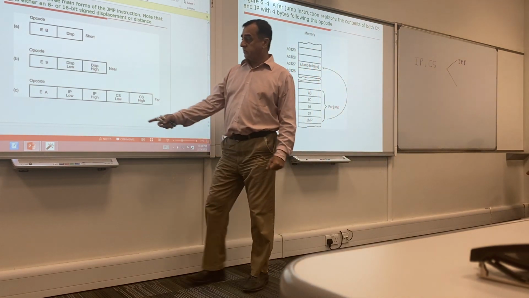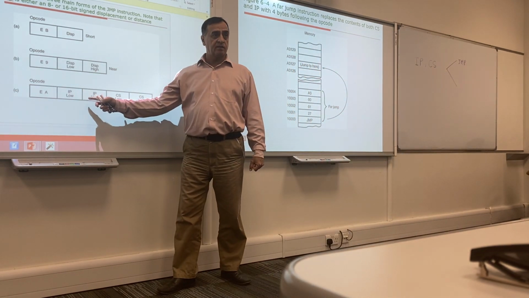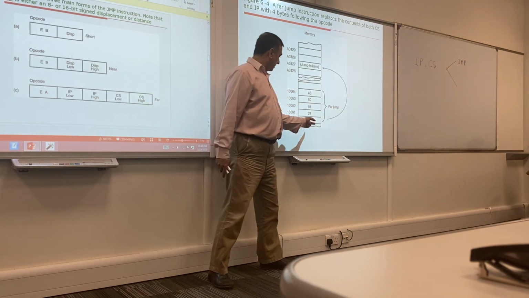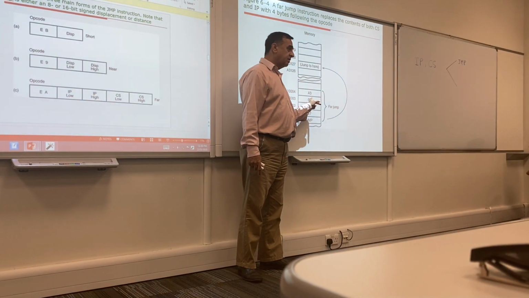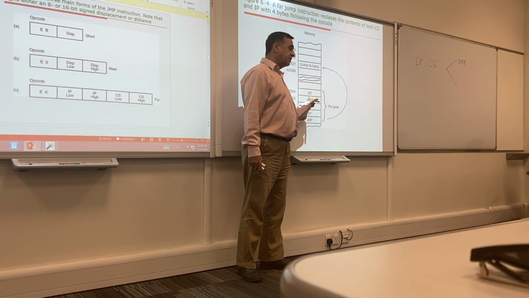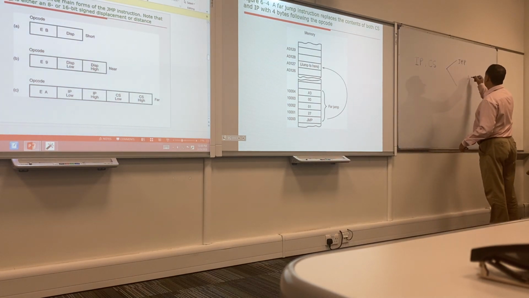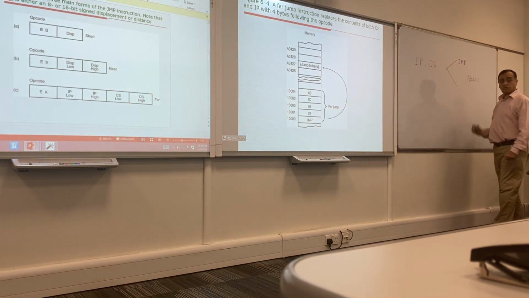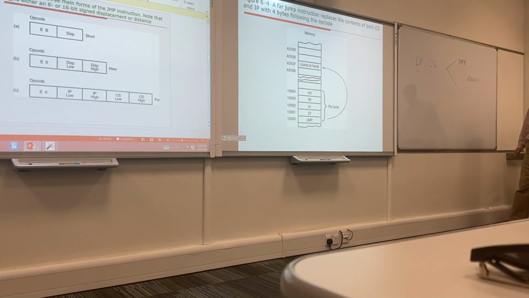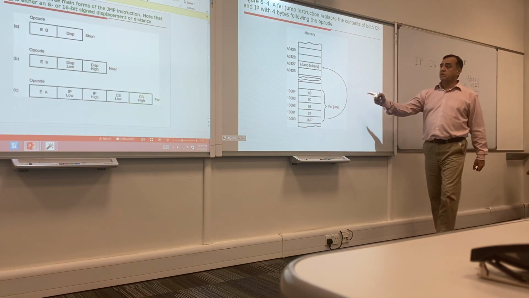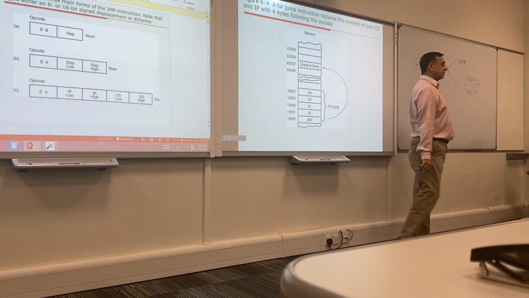See here, first opcode, then IP, then CS. What is CS? A300. So A300 shifts by 0, right? And what is IP? 0127. If you add, what you get? A312. This is where it is going. A3127.